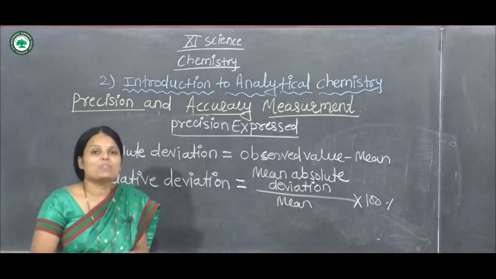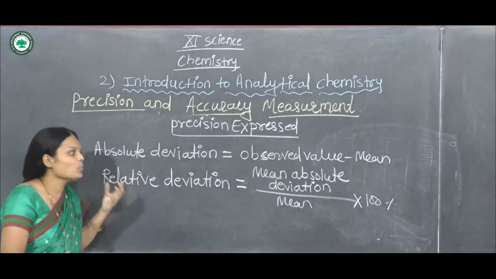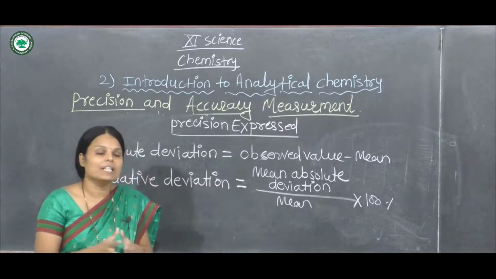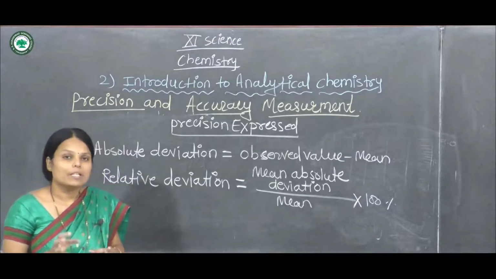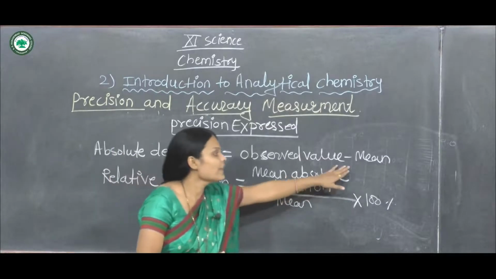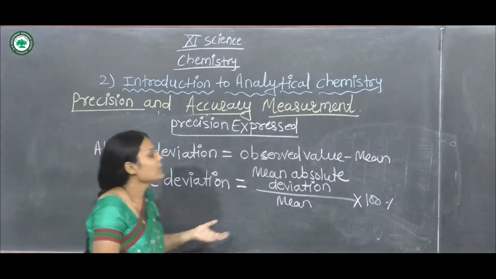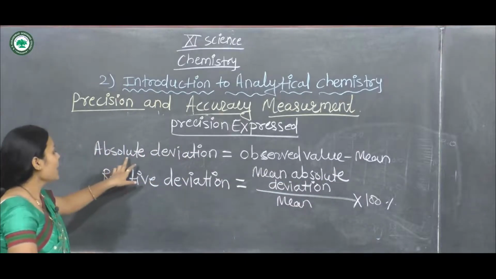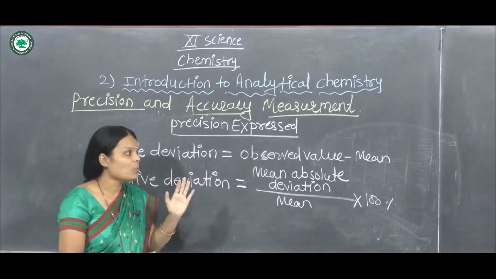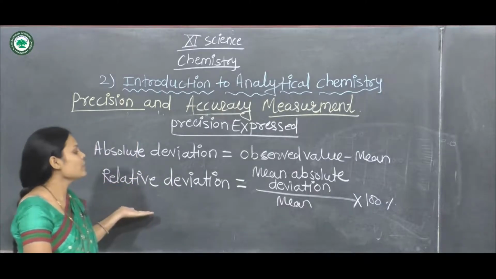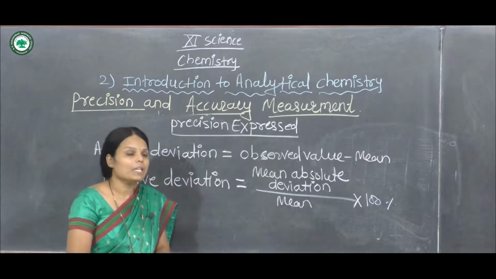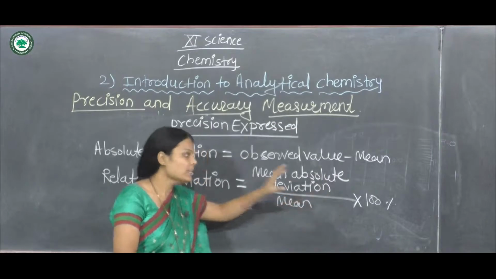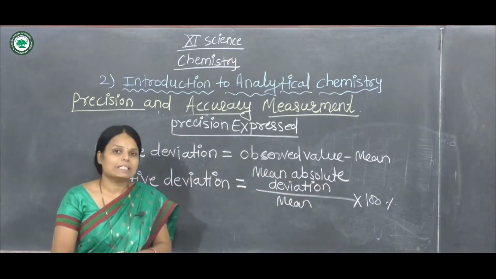We find the mean of all the readings. Relative deviation means the mean absolute deviation divided by the mean value, multiplied by 100%. These are the expressions of precision.